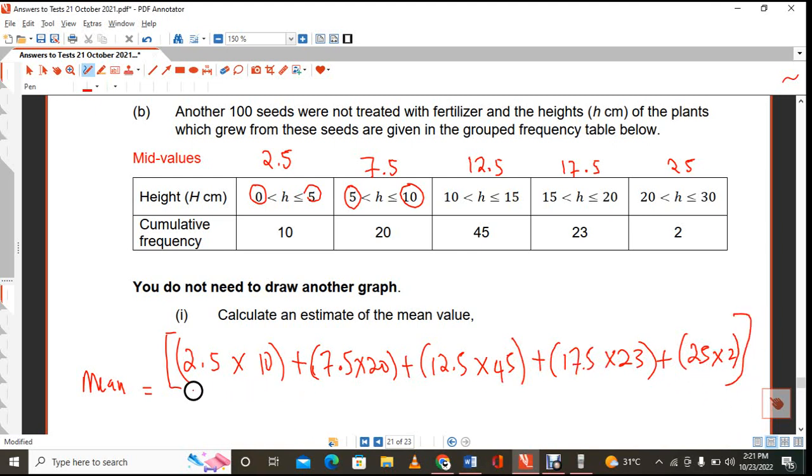Now once we have whatever that value is, we are then going to divide it by 100. If you add all of them, they should give you 100 as indicated in the question.